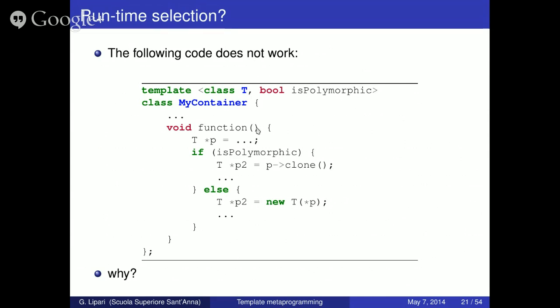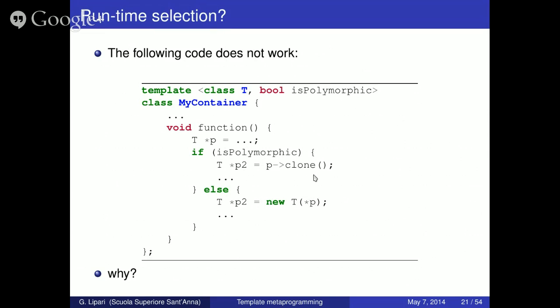And then in our function, we want to copy. And then we do if isPolymorphic, we do p clone. Else we do new T star p. So in the first case, we are cloning. In the second case, we are using the copy constructor. Now, unfortunately, this code does not compile. Why does it not compile? Well, very simple, because, for example, for polymorphic classes, most probably the copy constructor has been hidden and deleted.